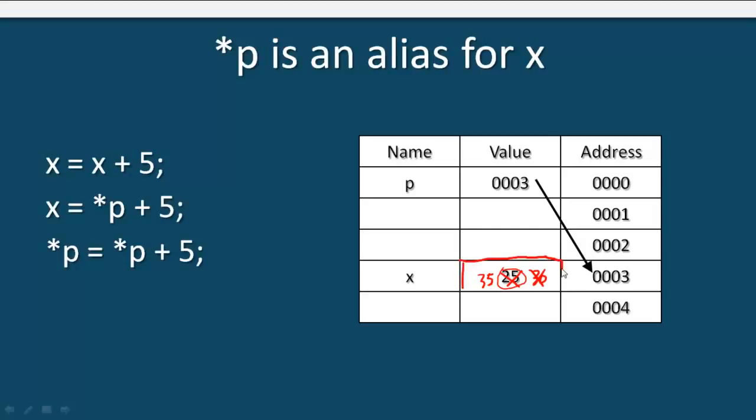So we're designating this particular location here where we want to store a particular value, just like what we had with x. So we would have 35 plus 5, which would be 40, and store it at that particular memory location. So you can see that this dereferencing of this pointer P is serving the exact same purpose as this variable x. They have the same meaning.